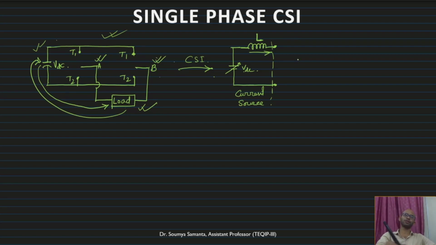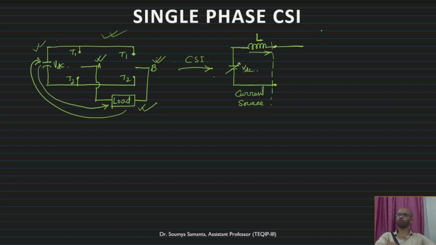So now let us understand this. This can be represented as a current source, and obviously the pole will be connected here. So what will the switching network be? Suppose this is the pole.